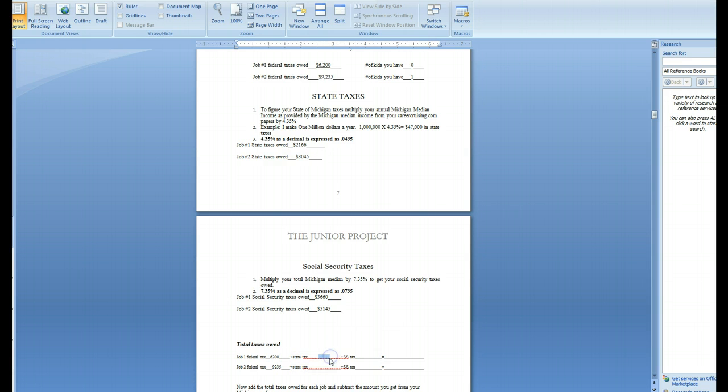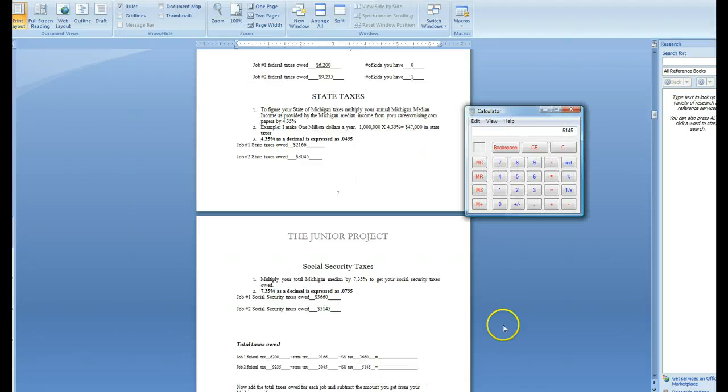My state tax was 2,166 and 3,045 for my state tax. My Social Security for job 1 was 3,660. And for job 2 it was 5,145.